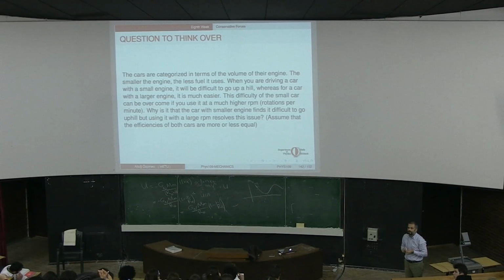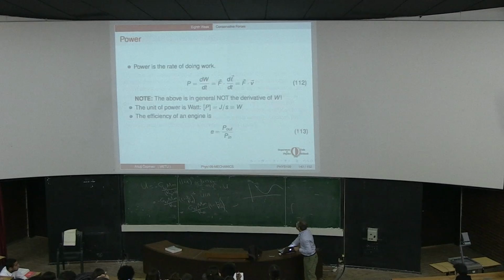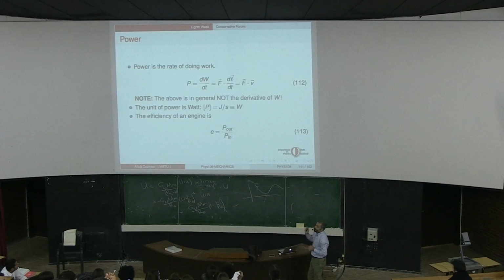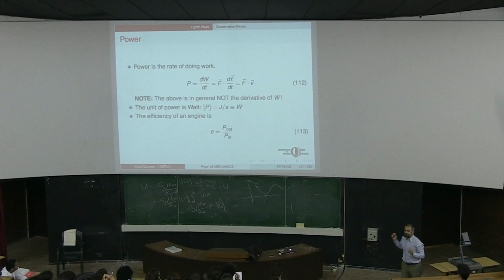Okay, let us continue with him. Okay, let's look at the definition of the power. Power is the work per unit time. Just compare this with velocity. It's quite similar.